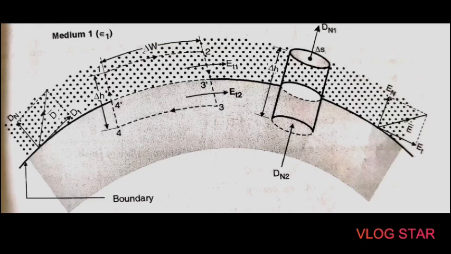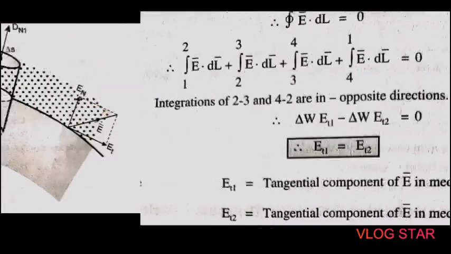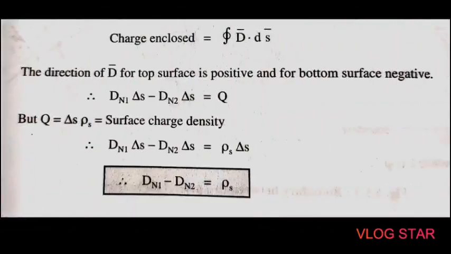So we can write here this Dn1 into the area del S minus this Dn2 del S is equal to the total charge enclosed by that surface, that is nothing but Q. So here Dn1 del S minus Dn2 del S is equal to Q.